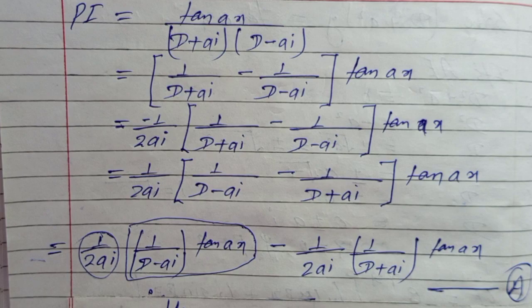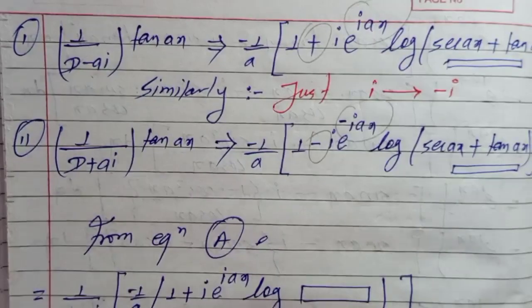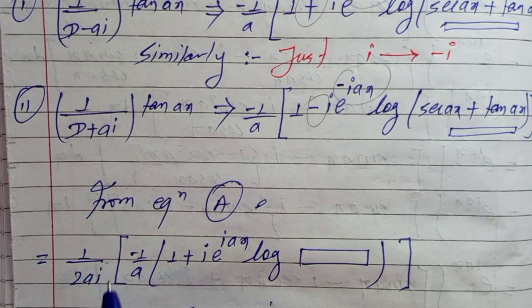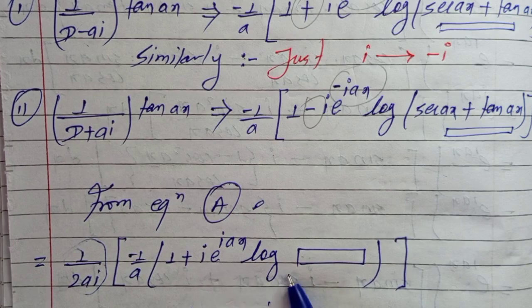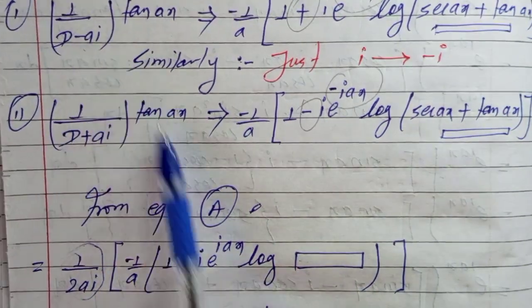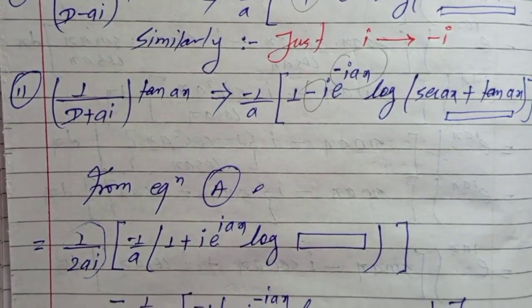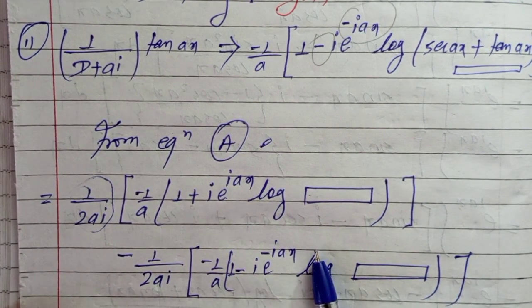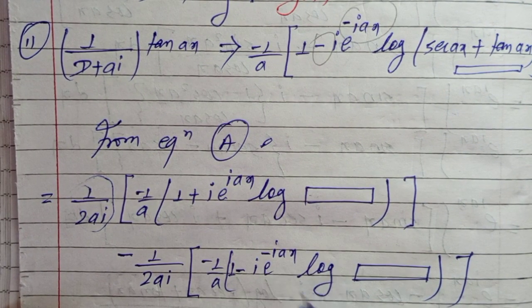So from this equation we are going to get this form. This is the coefficient which we have left here, and this is the value of our 1 by d minus ai. Similarly, this is the value of our 1 by d plus ai.